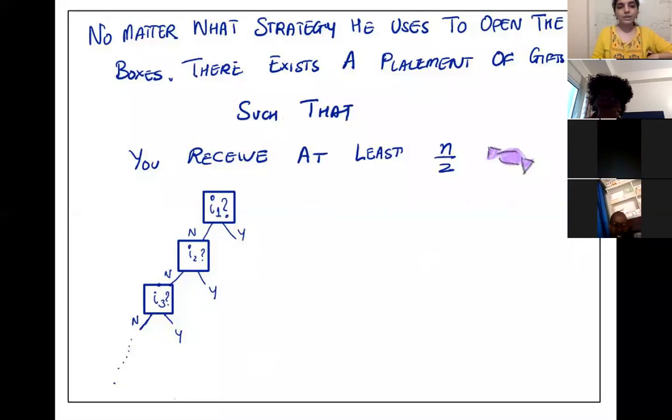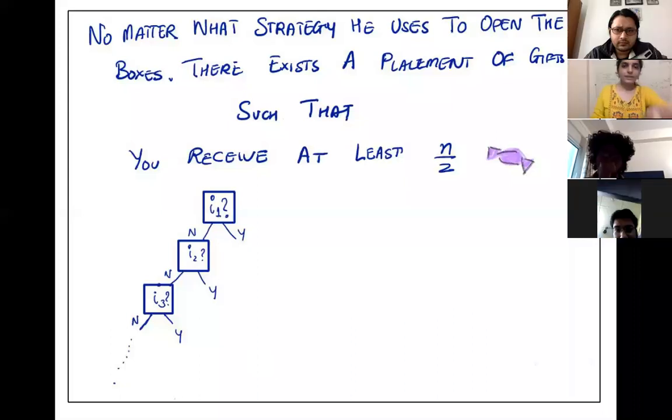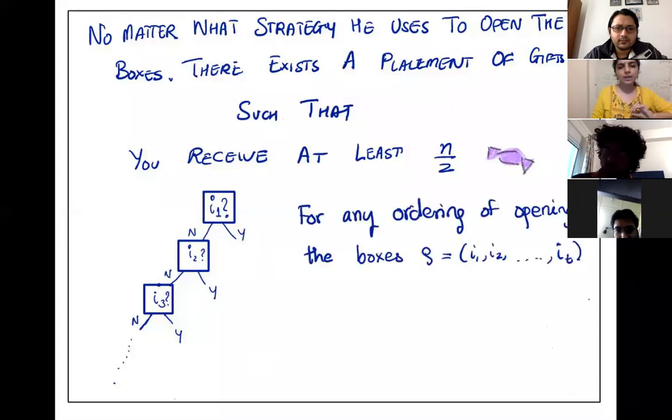So now, how shall I argue that it will require him to pay n/2 chocolates? I'm going to tell you that in the next couple of slides. So the strategy is very simple in this case.